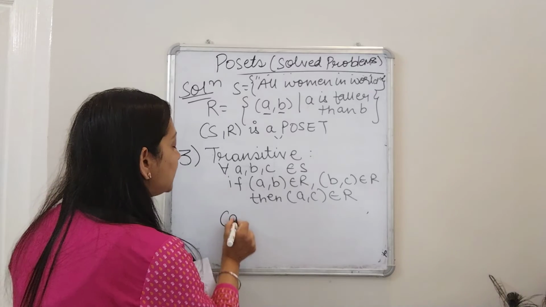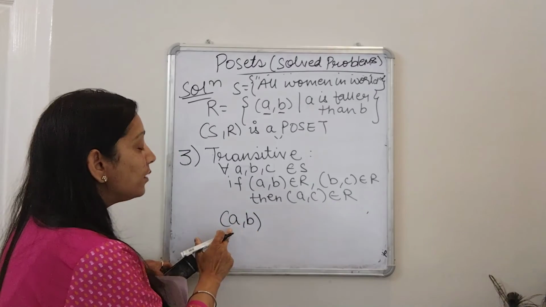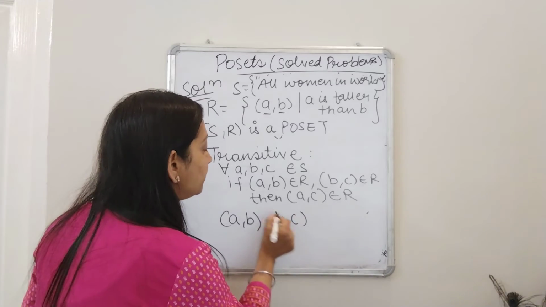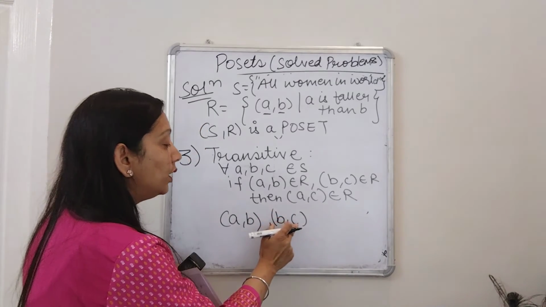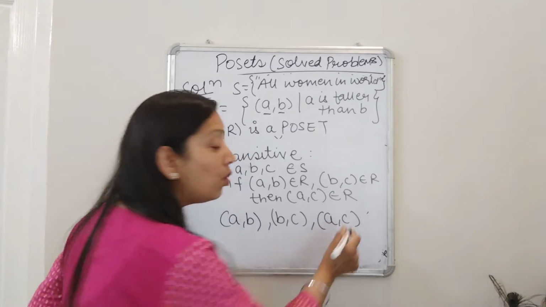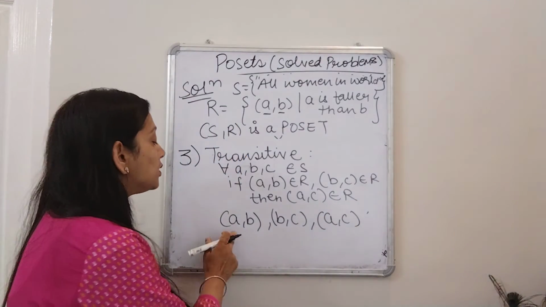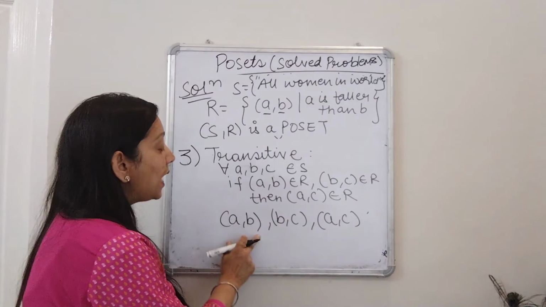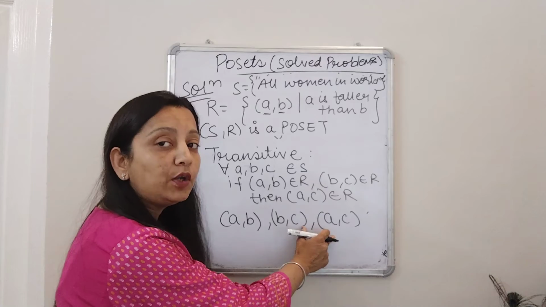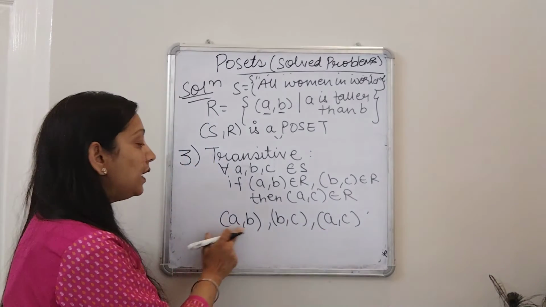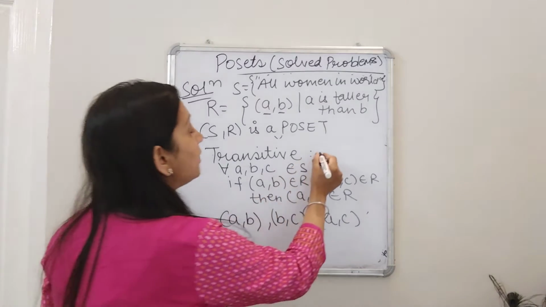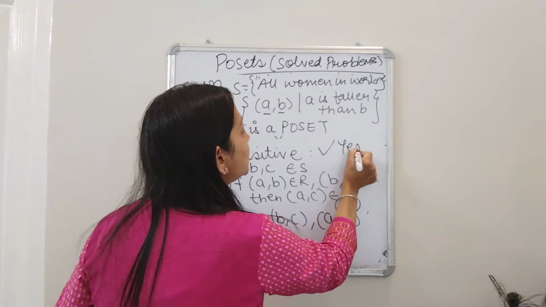So if AB exists in the relationship set, that means A is taller than B, and if BC exists in the relationship set, that means B is taller than C, then obviously AC must also exist. Why? Because if A is taller than B and B is taller than C, then it is quite obvious that A would be taller than C. Therefore, if AB and BC exist, then AC would also exist. So that means yes, it is transitive.